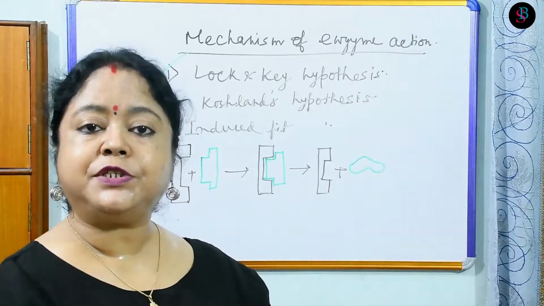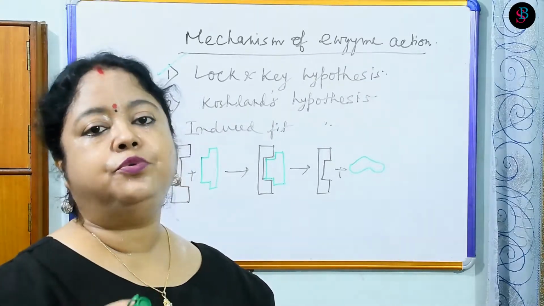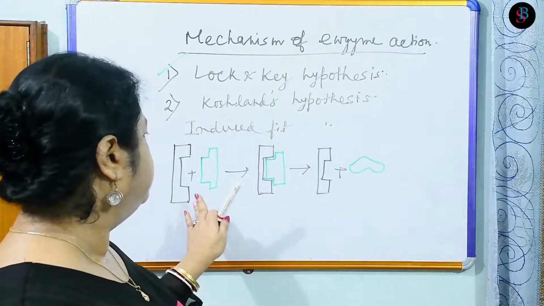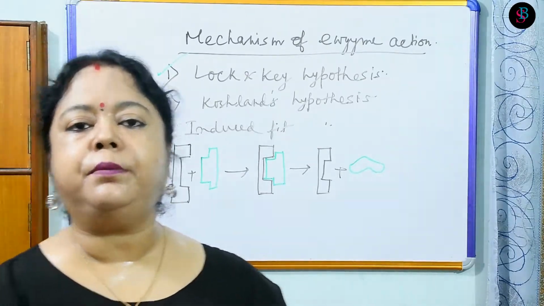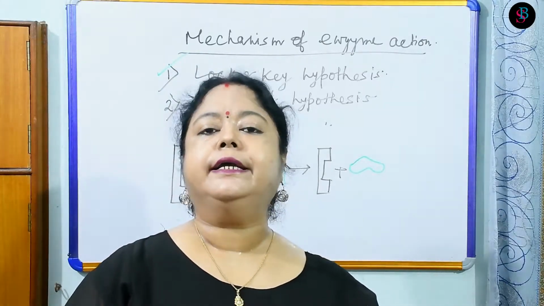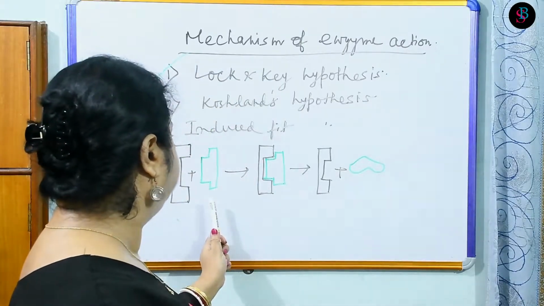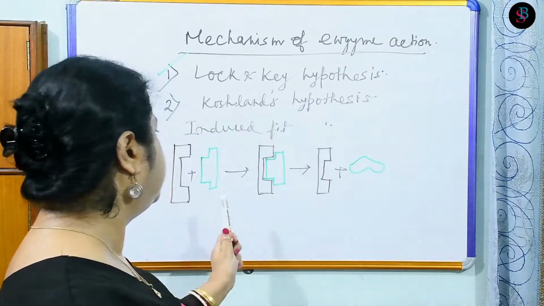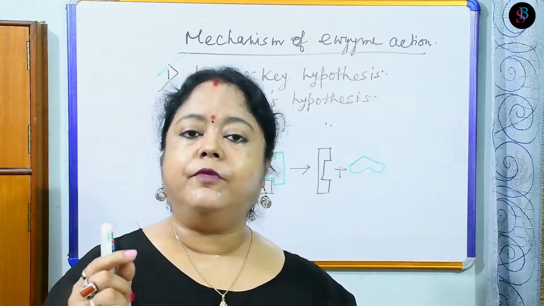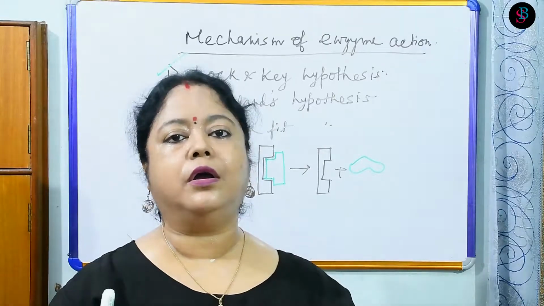So this is the specificity of the enzyme, and this hypothesis is for the enzymes which are substrate specific. So it should be of this kind, and then the key will fit with the lock and it will operate the lock. So structurally the lock is enzyme and key is substrate. But functionally the function of key is to operate the lock.